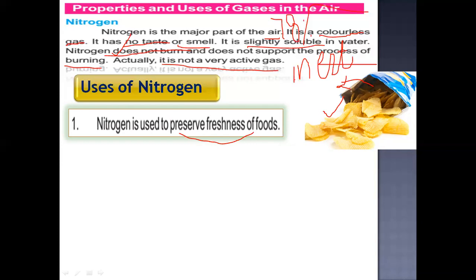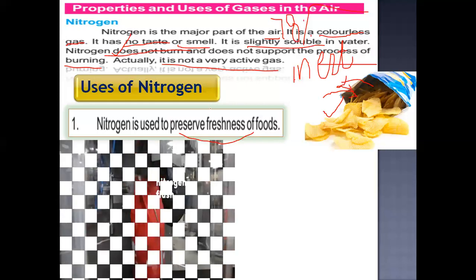So bacteria and other microorganisms can grow and spoil the food present inside the packets, which we want to preserve for a longer period of time. That's why oxygen is removed and nitrogen is filled in these packets with the chips, just to preserve their freshness.